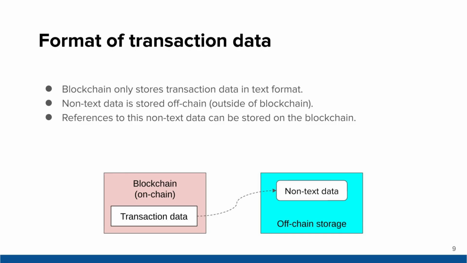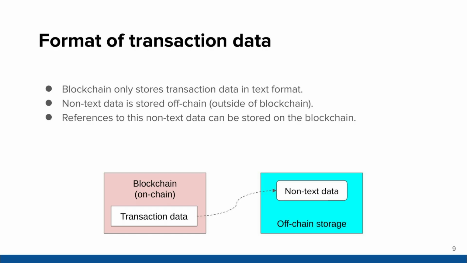One more thing about the type of data, the format matters too. Blockchain only stores data in text format, so anything you want on the blockchain needs to be text. Numbers, dates, names, codes, all text-based. That works great. But what about photos, videos, PDFs? Those are not stored directly on the blockchain.